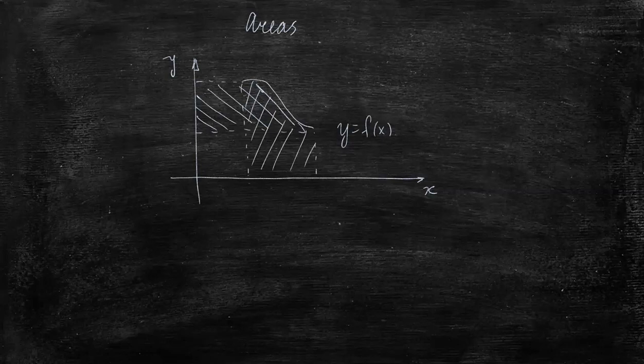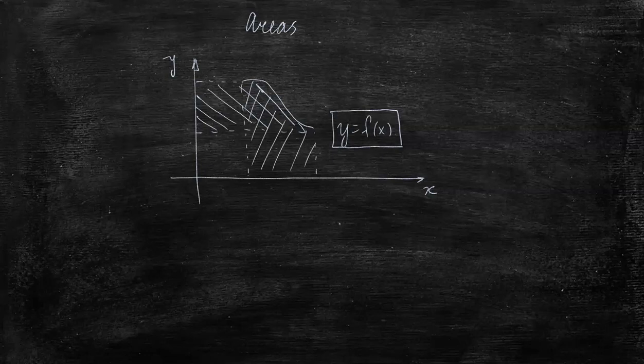So if you are interested in finding the area like this, then you definitely should consider having an equation of your curve in the form y equals f of x, even if it is a polar curve.